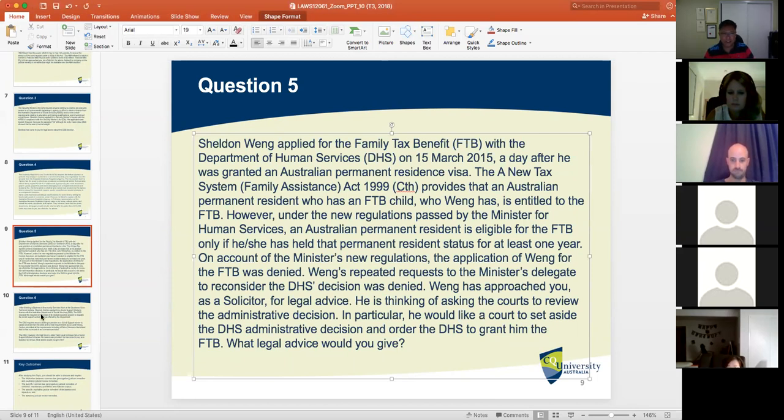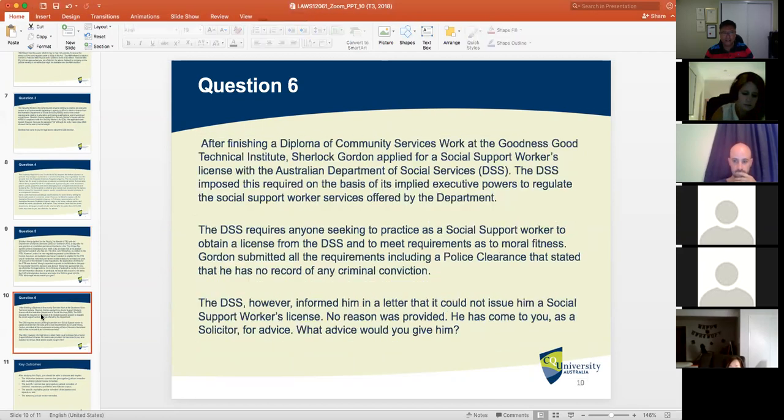Question 5 is just a repetition. I'll skip that because this is close to Green versus Daniels. Oh, it's the same thing. We've actually covered this, I think. Have we? Okay, can we just go through question 6? Thanks, Jackson.